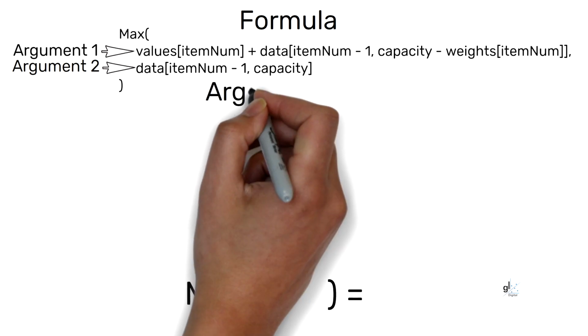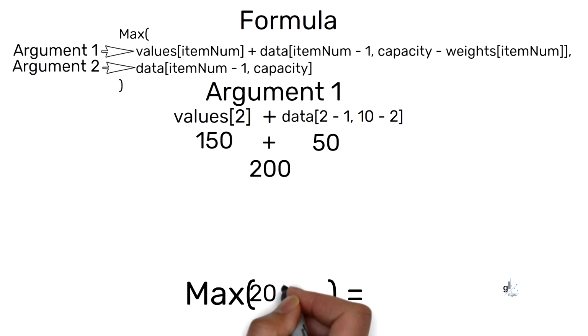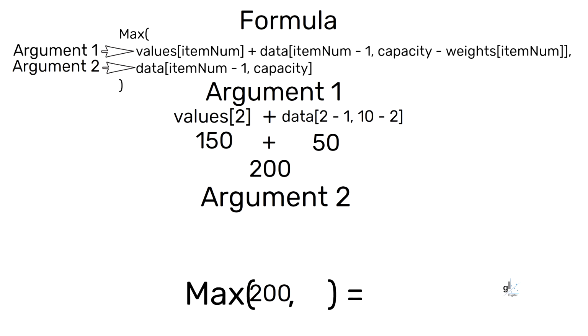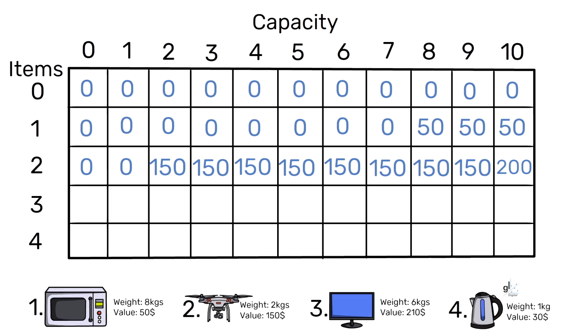So here you can see that the first argument is the result of a calculation of the value of the microwave plus the value of the drone, which equals 200. The value of the second argument is the value of the microwave, 50. So 200 is obviously greater than 50, so 200 is returned from the max method, which means 200 is recorded at the appropriate position within the data array.